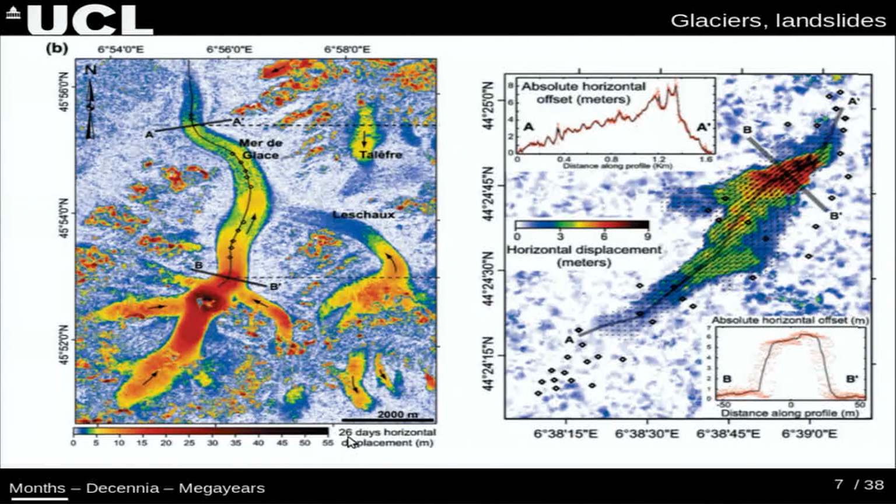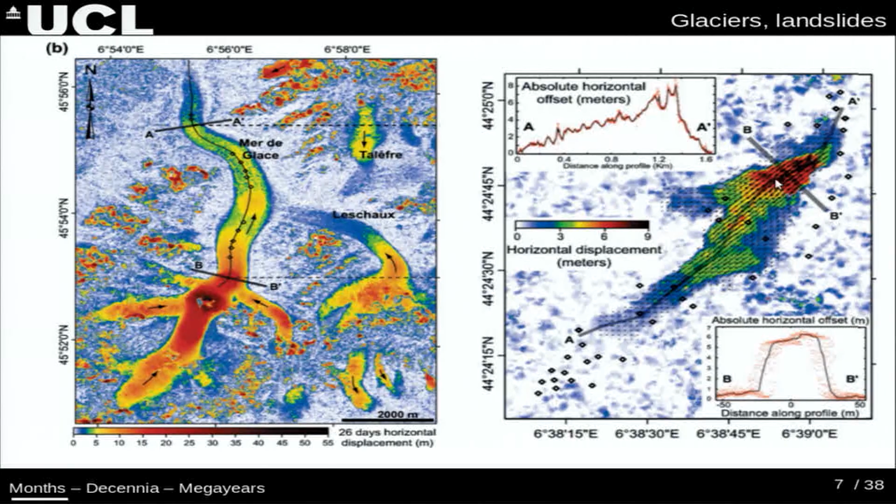Here, the change detection algorithm has tracked cracks and crevasses on the surface of the ice, and it has painted an incredibly detailed picture of the flow of the ice as it is moving down this 4,000 meter high mountain, accelerating where the ice is steep and then slowing down where the ice is less steep.